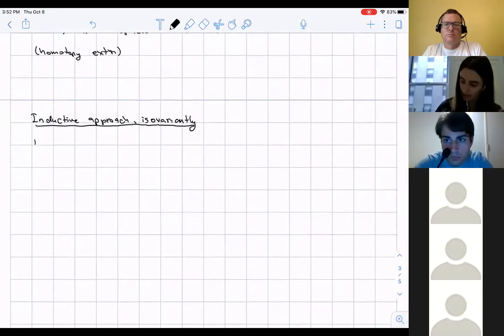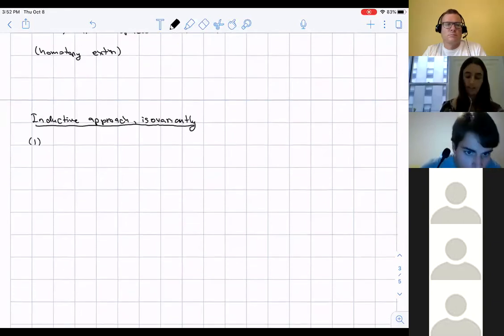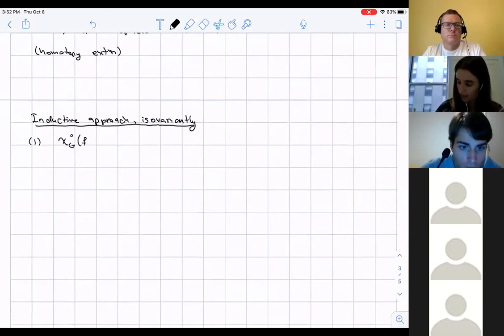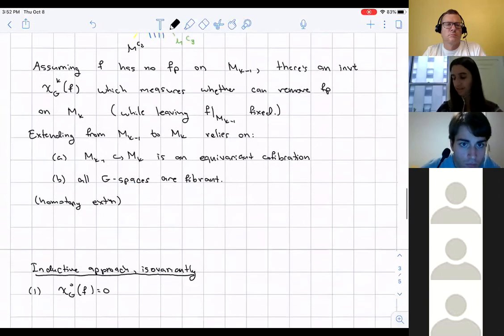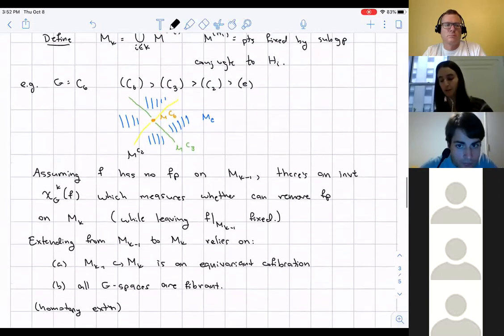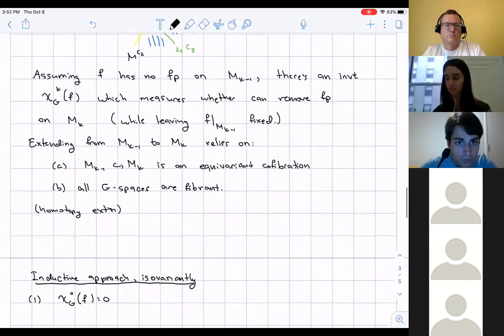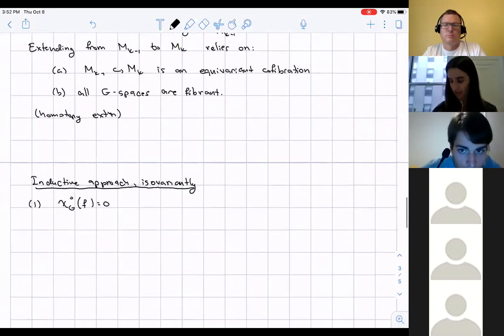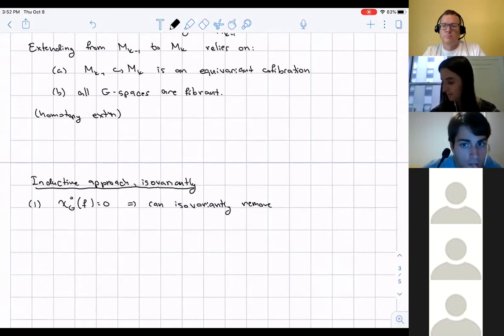So one is, well, let's take that very first or 0th local invariant. So if that's 0, then we can isovariantly remove the fixed points on MH0.